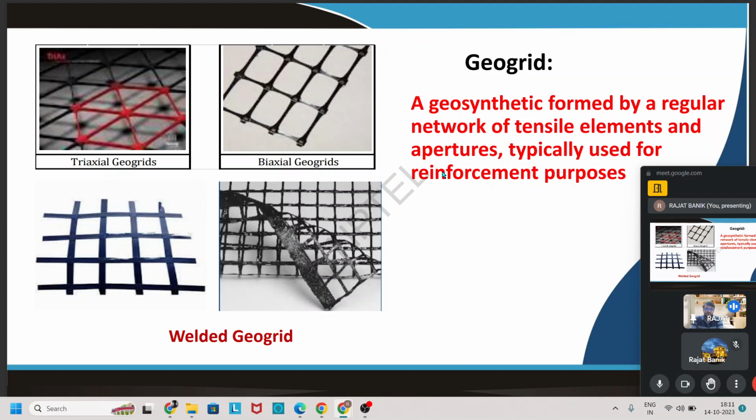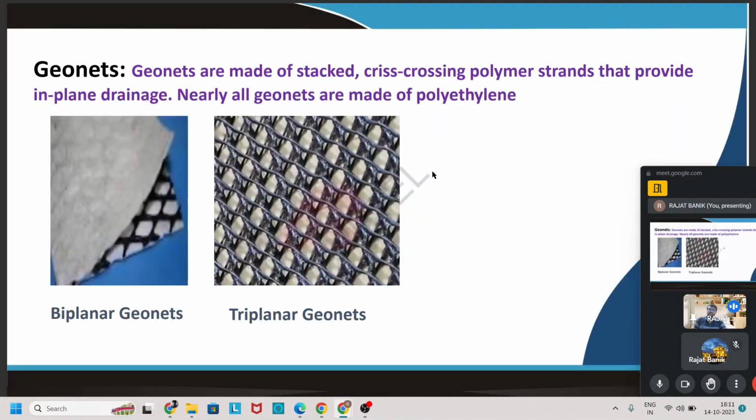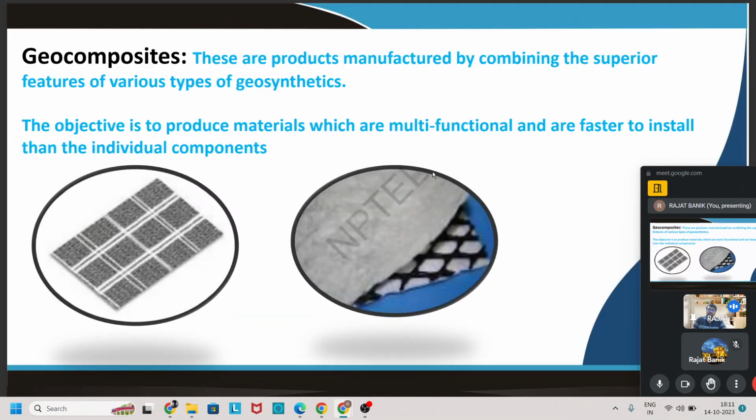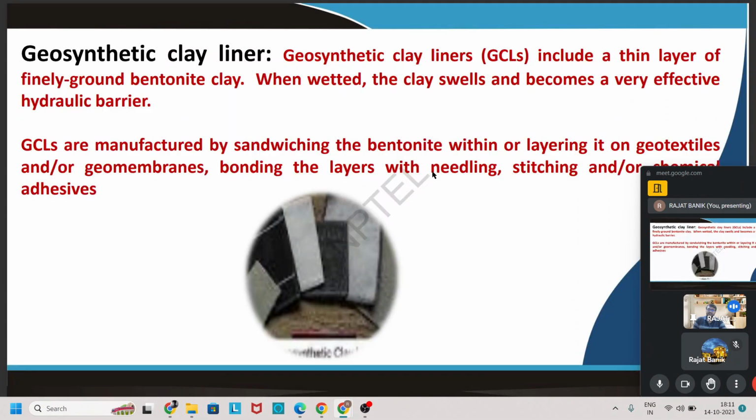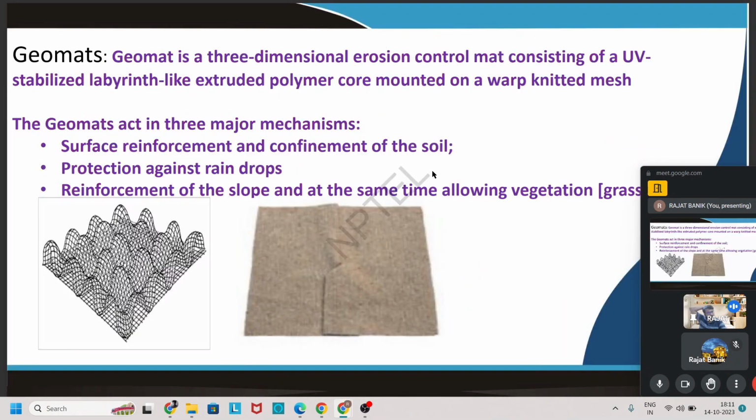These are mostly used as reinforcement of earth soil. Then we discussed the others, like geotextile material, geonet material, and geocomposite. So no need to discuss again. I elaborately discussed it in the previous class.